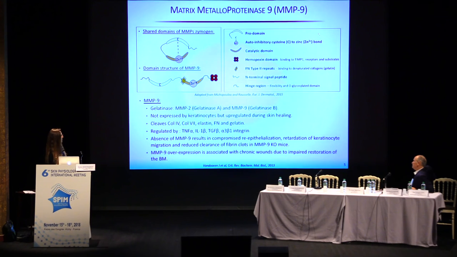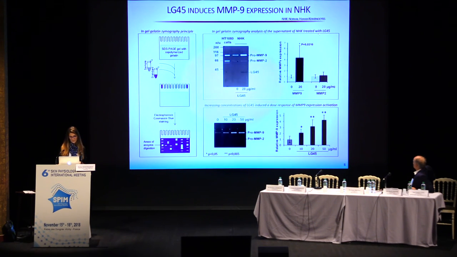Its absence results in compromised reepithelialization due to the retardation of keratinocyte migration and the reduced clearance of fibrin clots in MMP9 knockout mice. However, its overexpression is associated with chronic wounds due to impaired restoration of the basement membrane.